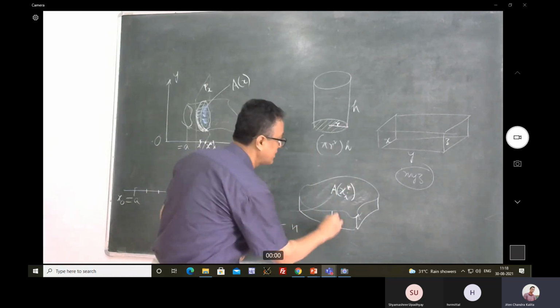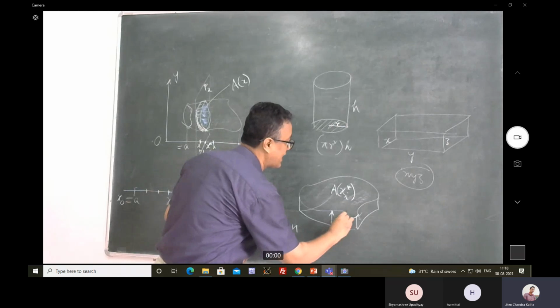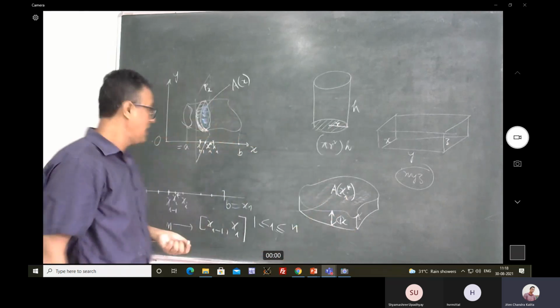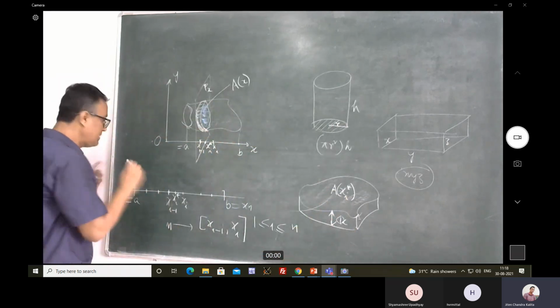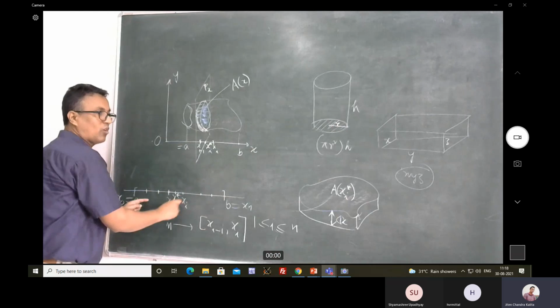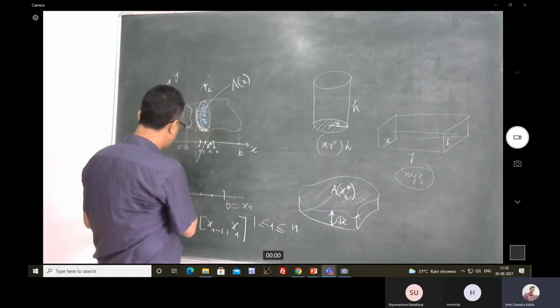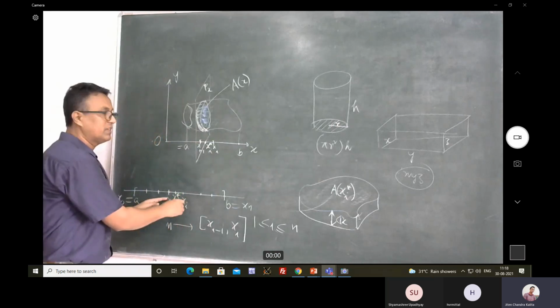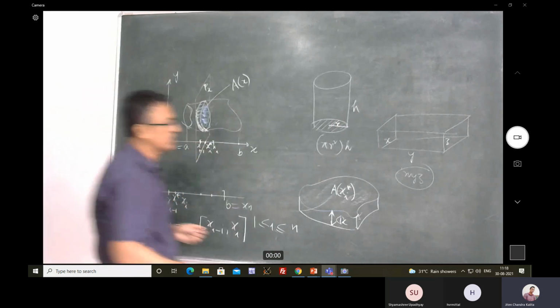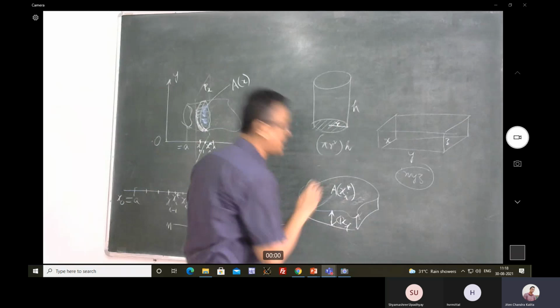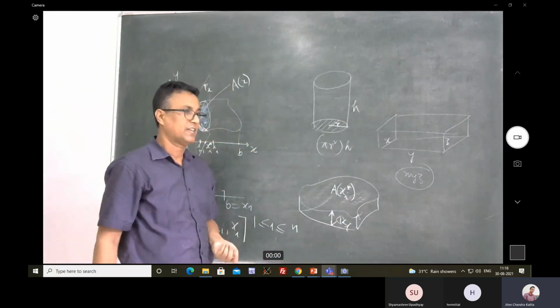And obviously, you know that this height is delta x. Even if these intervals are not equally spaced, if the length of each of the intervals is different, then for this interval I can simply use delta x_i.